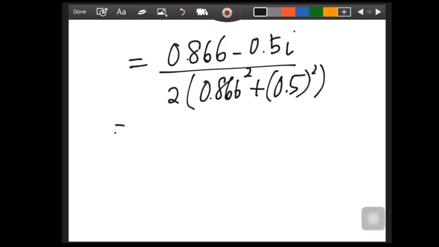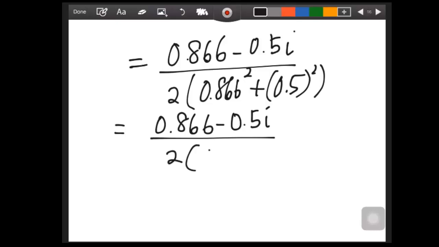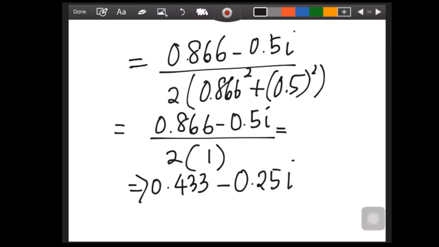So bawah tu kita akan dapat lebih kurang 1. So maksudnya kita punya ni adalah sama juga dengan 0.866 minus 0.5i, bahagi lah dengan 2. So kita akan dapat 0.433 minus dengan 0.25i. Okay, so this is 1 over Z punya value lah.